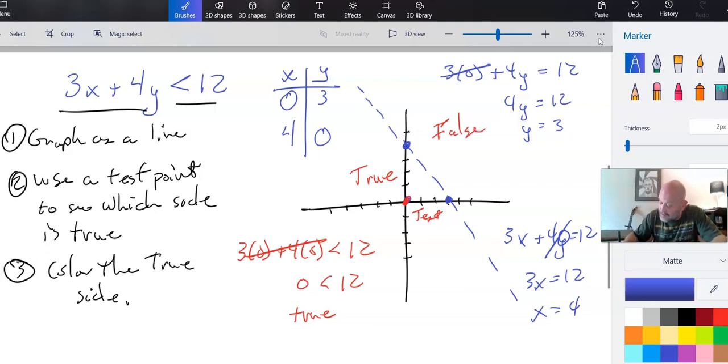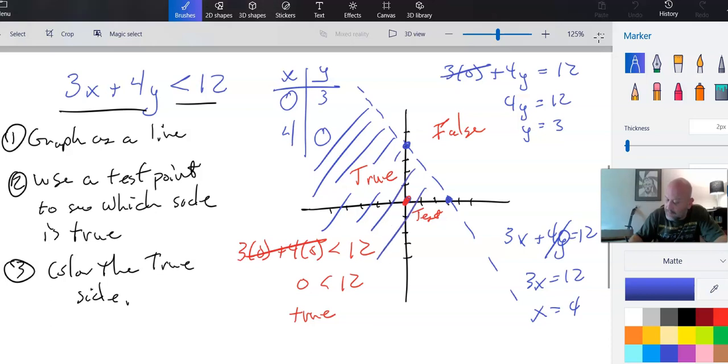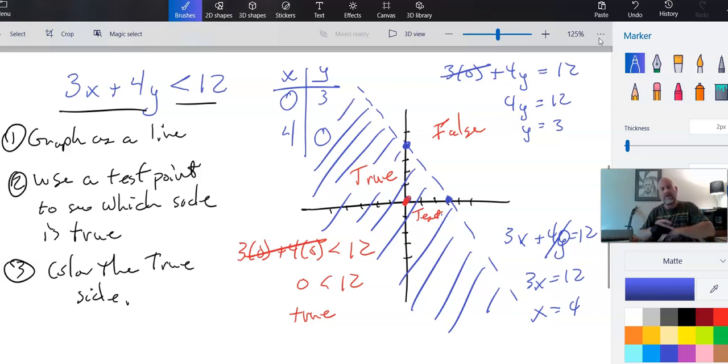Your job is to color the side that's true. So this is the side we color. It ends up being the lower end of that graph. It's kind of interesting how these things end up working out.